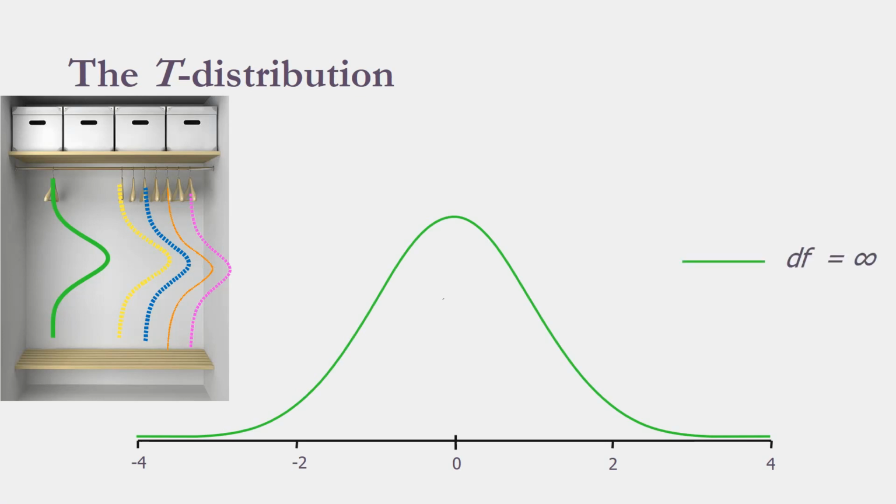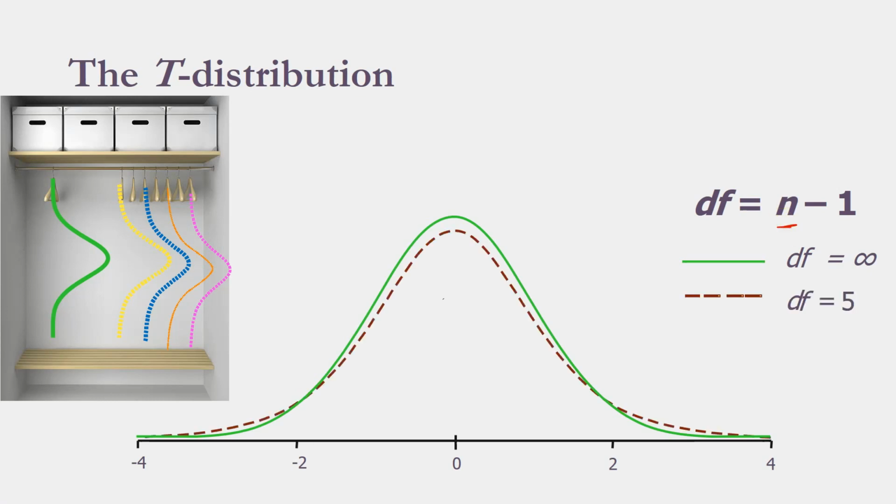And the differences between all the different distributions comes down to this thing called degrees of freedom. So the normal distribution has degrees of freedom infinity. Degrees of freedom changes with regard to sample size. So degrees of freedom 5 would be if you had a sample of size 6, right?